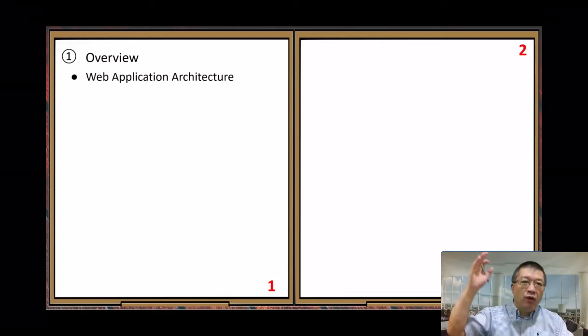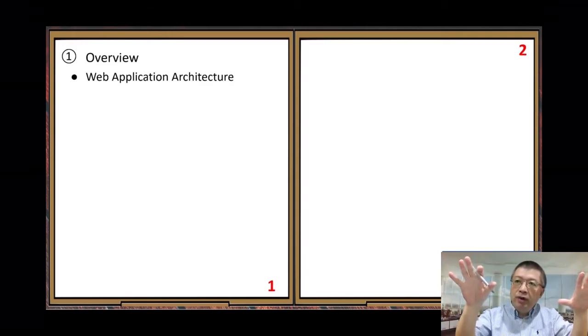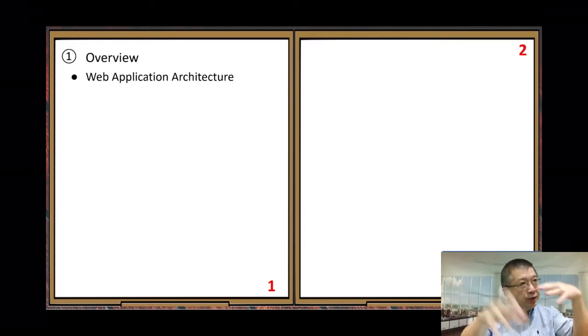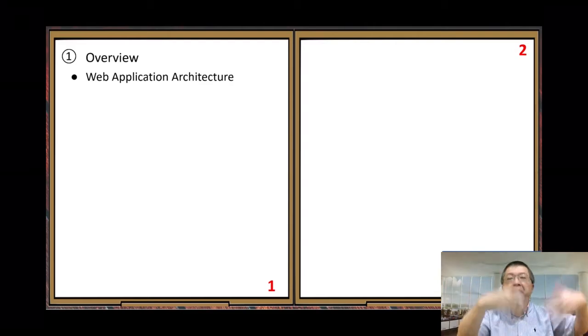All right. So for the web application architecture, what's that? That's basically the structure of the general web, how to arrange different web technologies in an organized way.